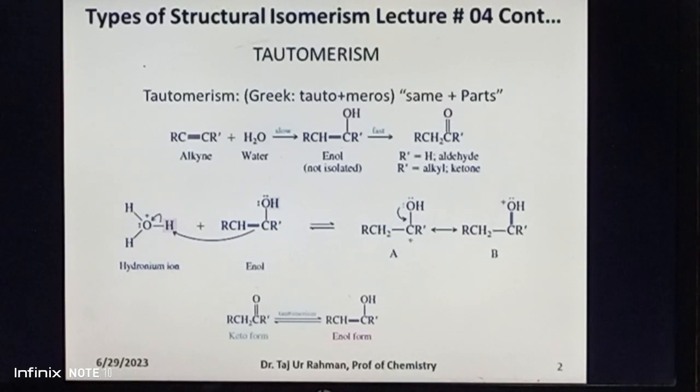This protonation takes place more readily because the carbocation formed in this step is stabilized by the resonance delocalization of the lone pair of electrons present on this oxygen atom.